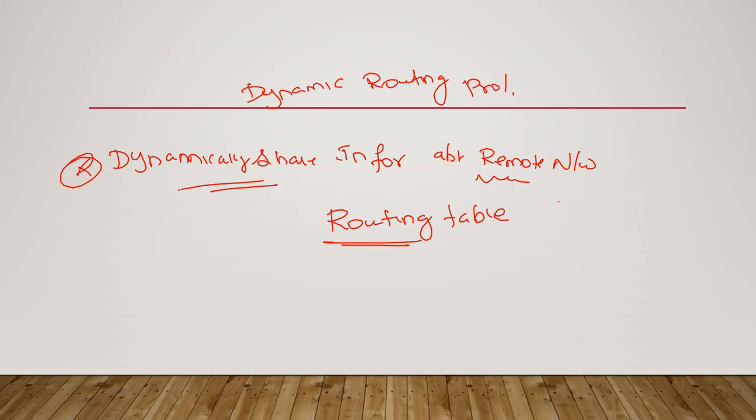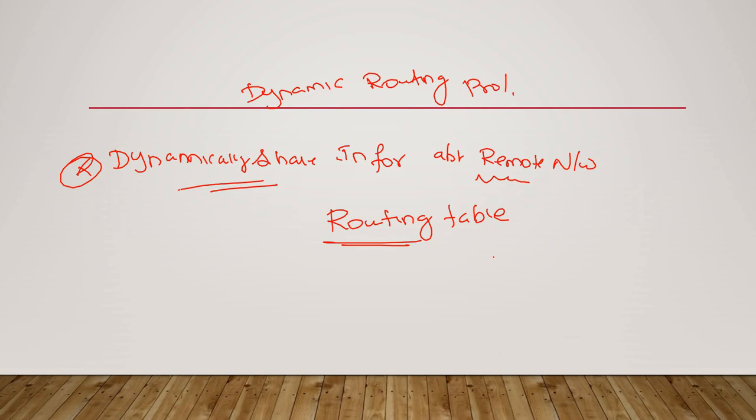Whenever the remote networks change, the protocol dynamically updates the routing table information, so that we can exchange information when there is a topology change. This is the main advantage of dynamic routing protocols.